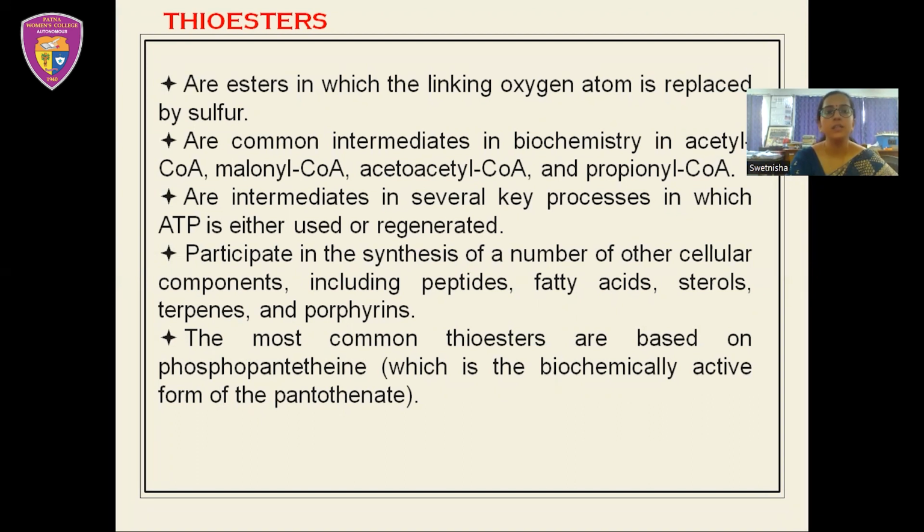These are the thioesters, and these are intermediates in several key processes in which ATP is either used or regenerated. They participate in the synthesis of a number of other cellular components also, like formation of peptide bonds, fatty acid oxidation, fatty acid synthesis, and the formation of sterols, cholesterol, vitamin D, terpenes, isoprenoids, porphyrins.